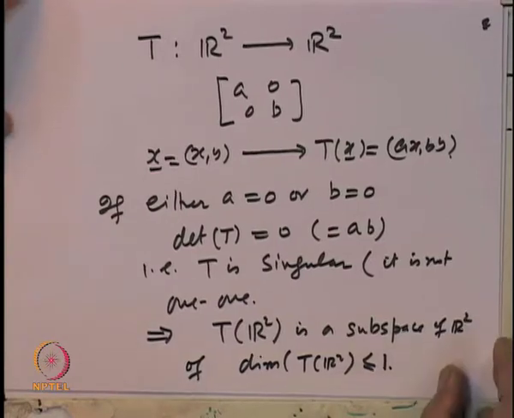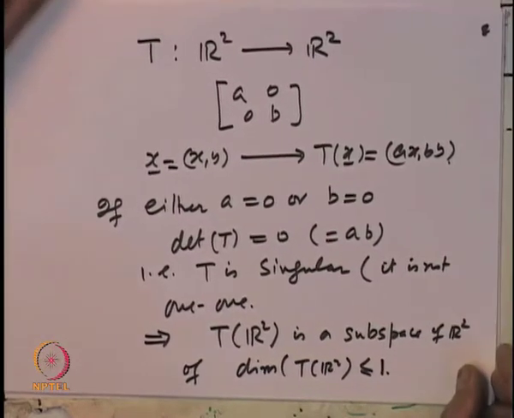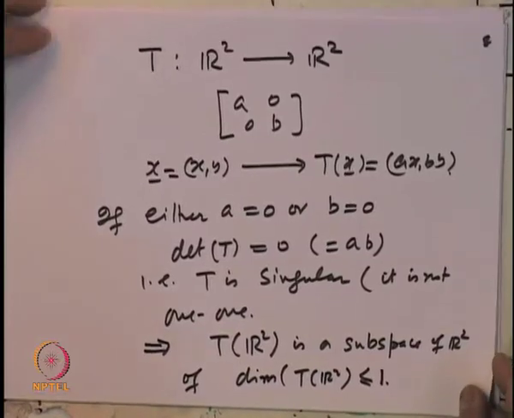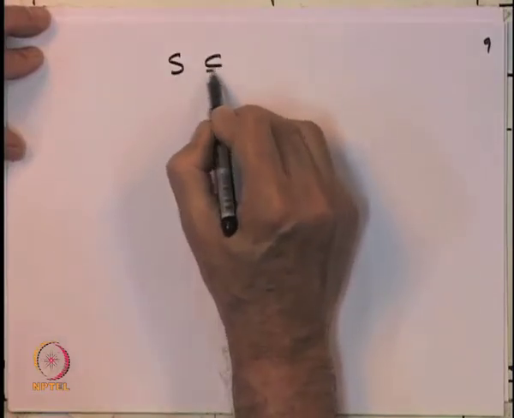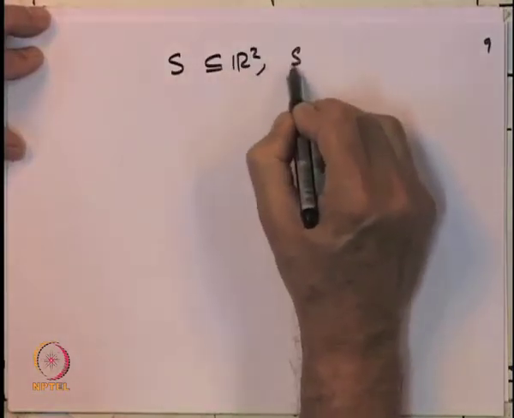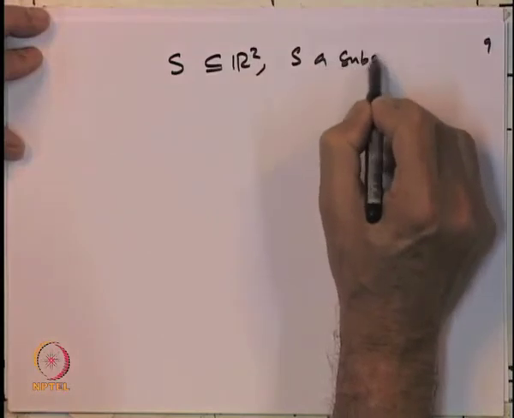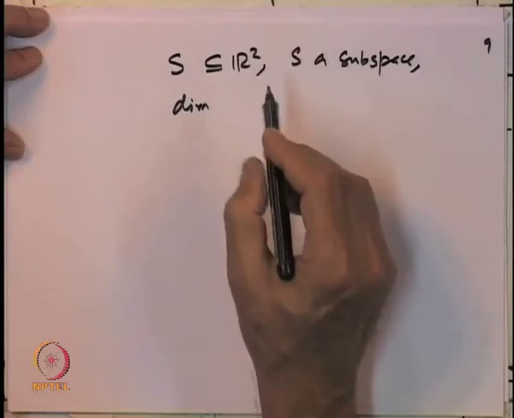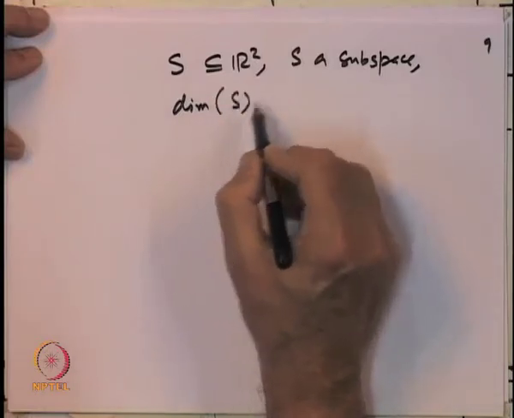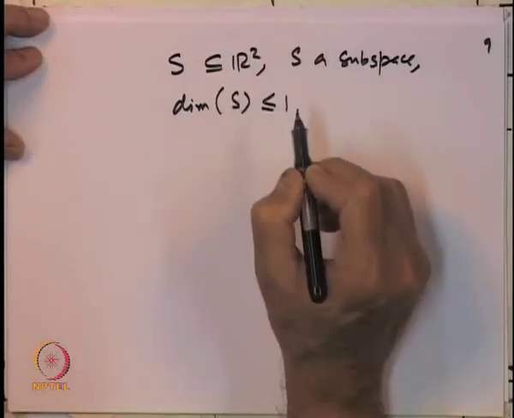Here I am discussing a bit of linear algebra, because that will be required here. So, the question arises: what are the subspaces S of R^2, with the dimension of S less than or equal to 1?